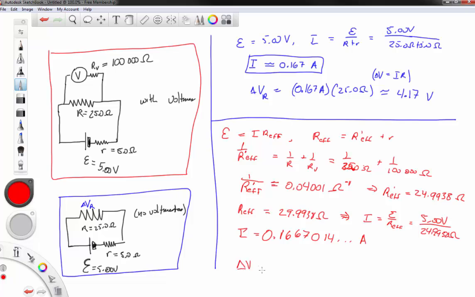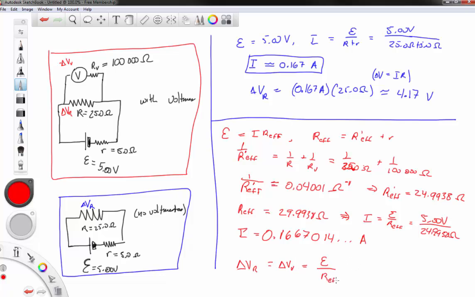And so delta V, which again is delta V sub R, which is also delta V sub V for the voltmeter, is going to be equal to epsilon divided by the total resistance here times just this resistance.